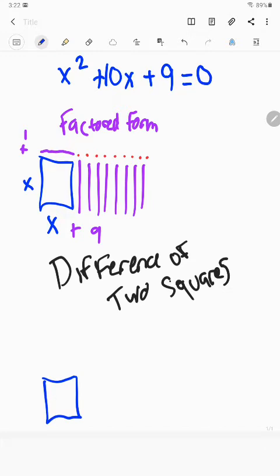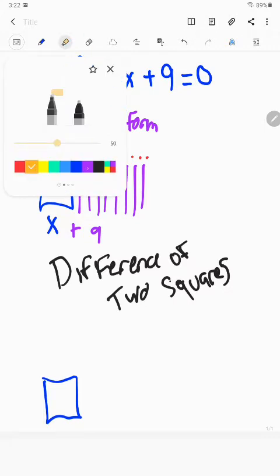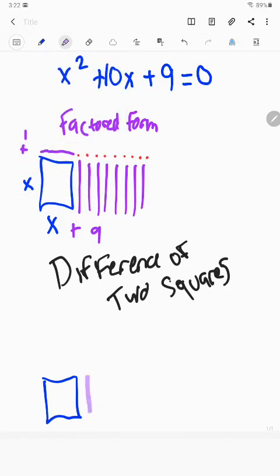Now, the advantage of this compared to just regular factoring is my next step is already determined for me. I know I need to make a square, and I have 10 linear terms, so really my only choice would be to split it, 5 and 5. All right, now I've used all 10.